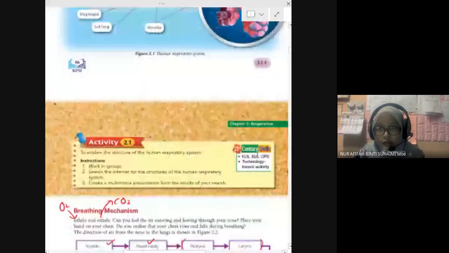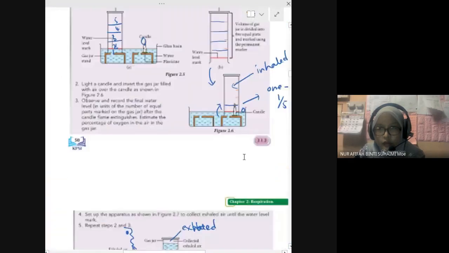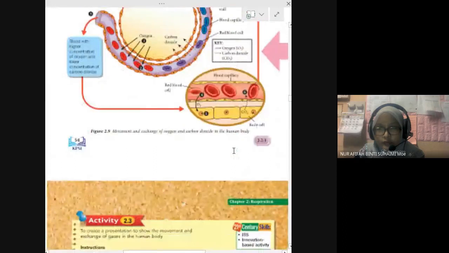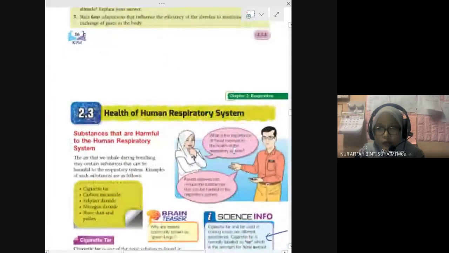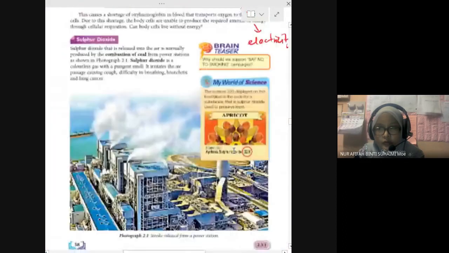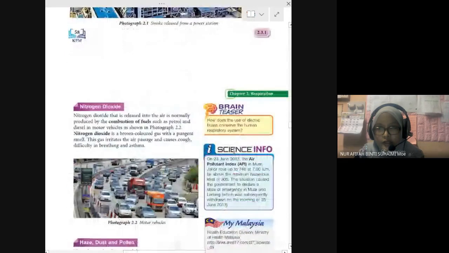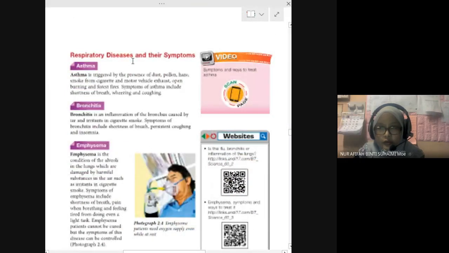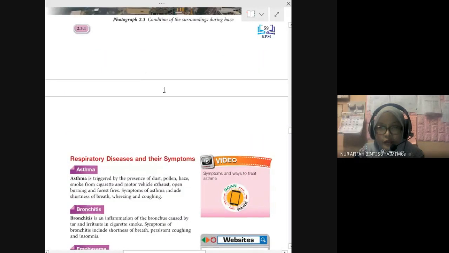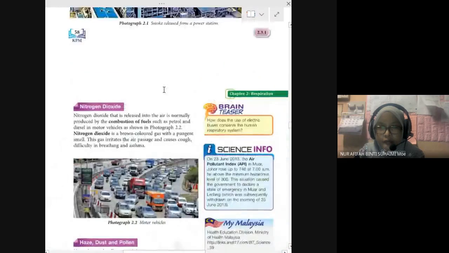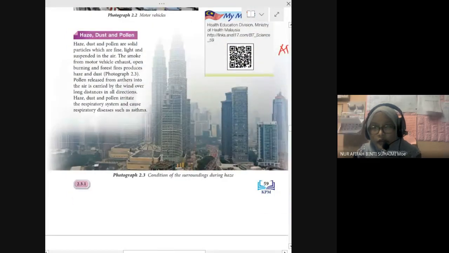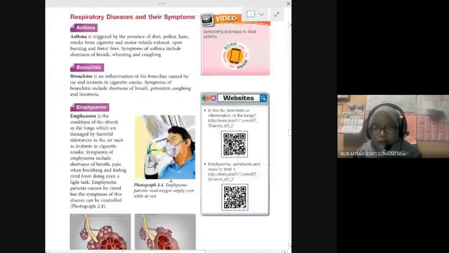Okay, now we go to 2.4. Cigarette smoke, carbon monoxide, sulfur dioxide, nitrogen dioxide, haze, dust, pollen: 4 important harmful substances in cigarette smoke or in other human activities like combustion of fuel from the exhaust of vehicles, from factory.